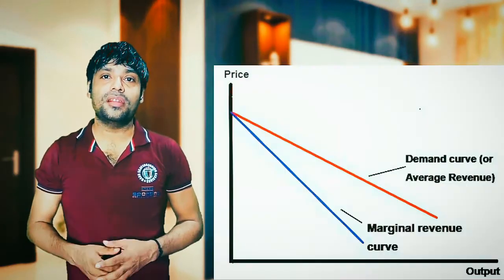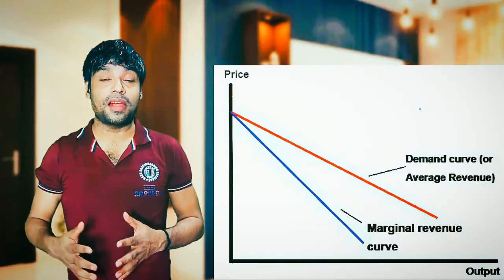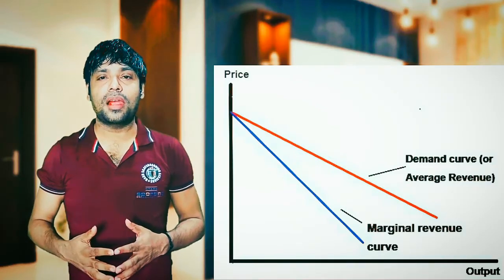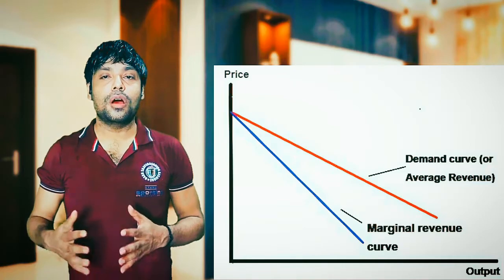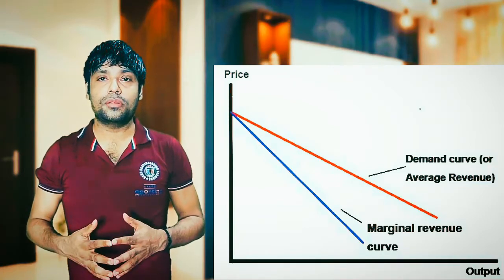Therefore, the demand curve, or you can say the average revenue curve, of a firm under monopolistic competition slopes downwards to the right, as you can see on the screen. It is elastic but not perfectly elastic, within a relevant range of prices at which it can sell any amount.